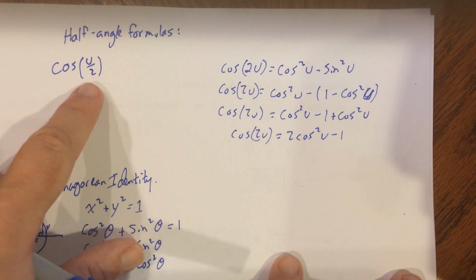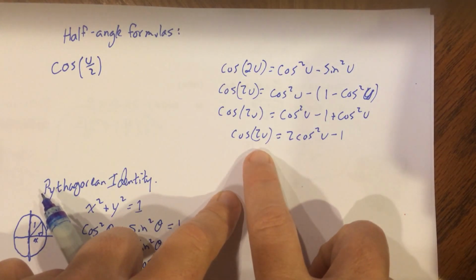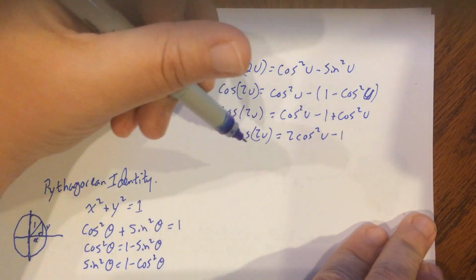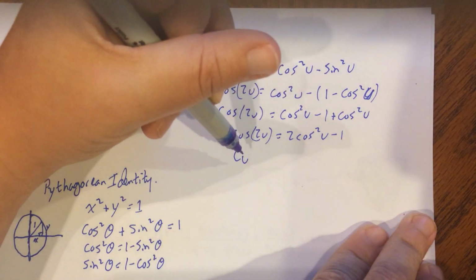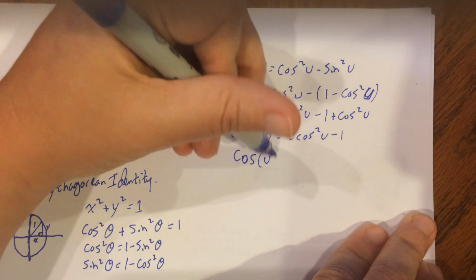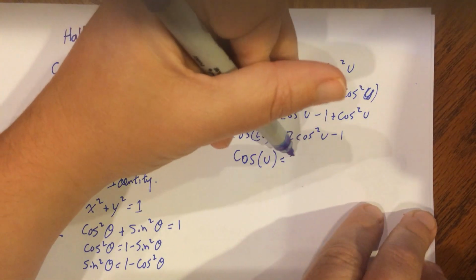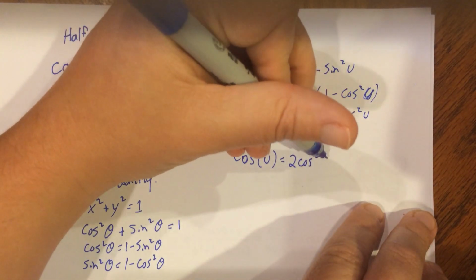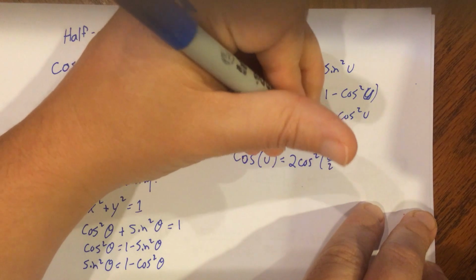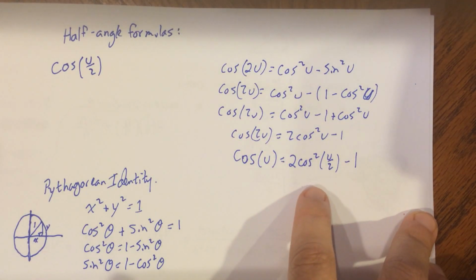Again, I'm looking for the half angle, and u is half of 2u. So I'm going to write it out so we can see what we're looking for. Instead of cos of 2u, I'm going to write cos of u, and this u was half of that, so I'll write 2 cos squared of u over 2 minus 1. Now it's a little easier to see what we want to solve for.